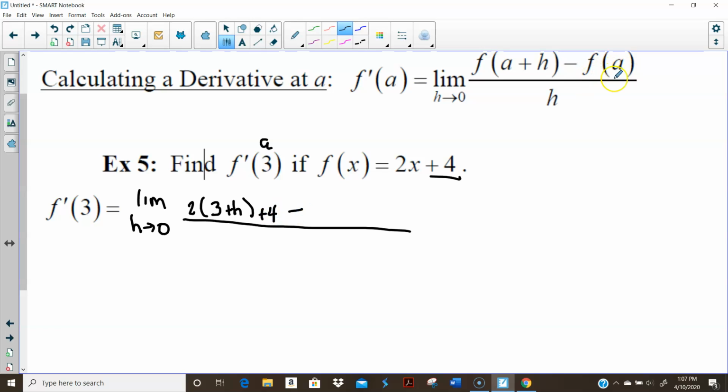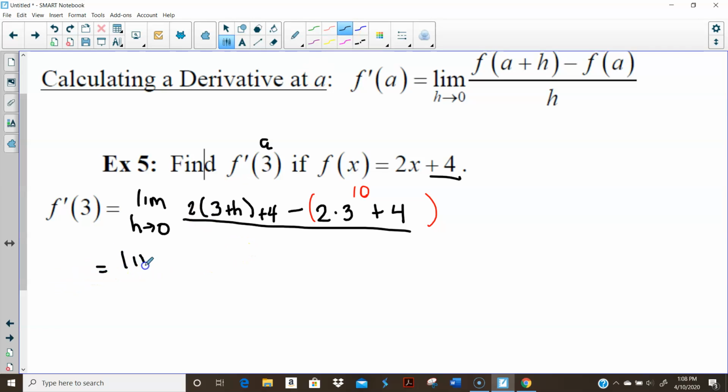Subtract f of a. Make sure you use parentheses here. And then you're going to do f of a. So that's 2, and then in place of x, you're going to put in a, and a is 3. So that's 2 times 3 plus 4. This is going to give us 6 plus 4, which is 10. So let's simplify.